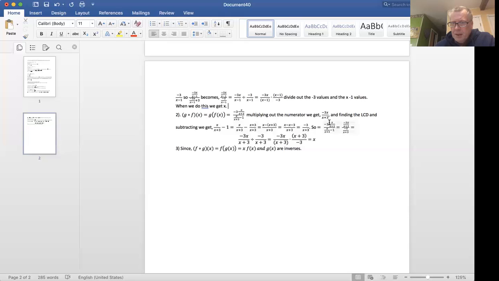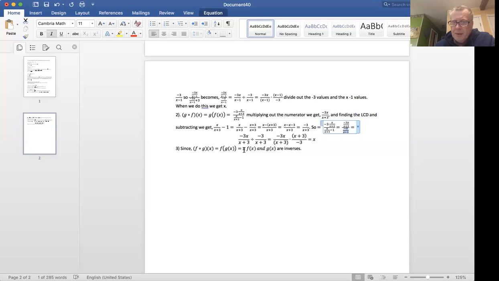So we have minus 3x over x plus 3 over minus 3 over x plus 3. Now we're going to do the same idea. We're going to copy the first, we're going to multiply, and we're going to flip-flop the bottom. And so that gives us x.